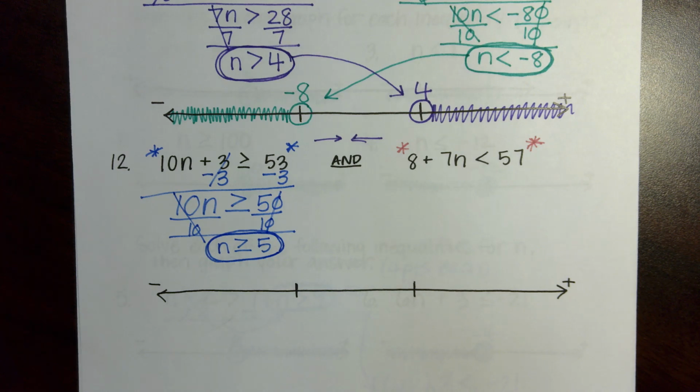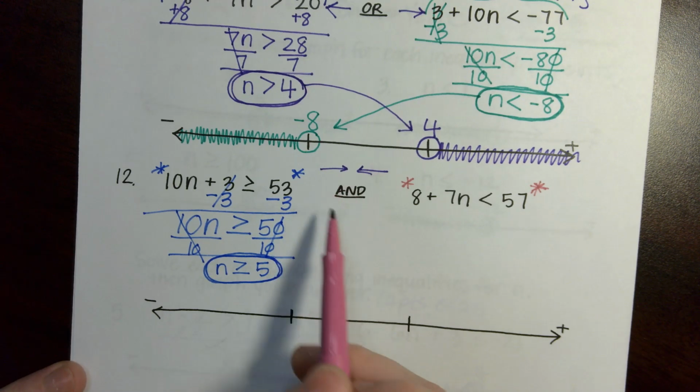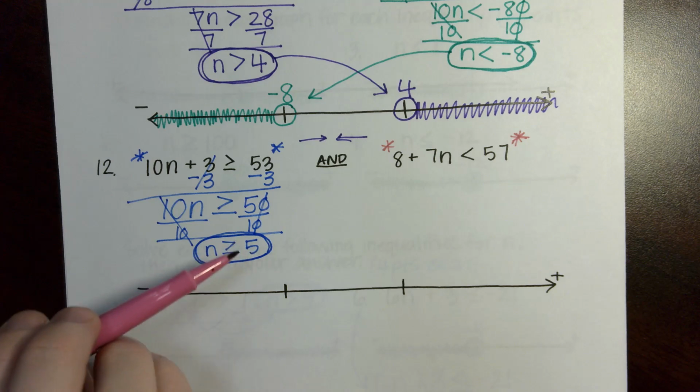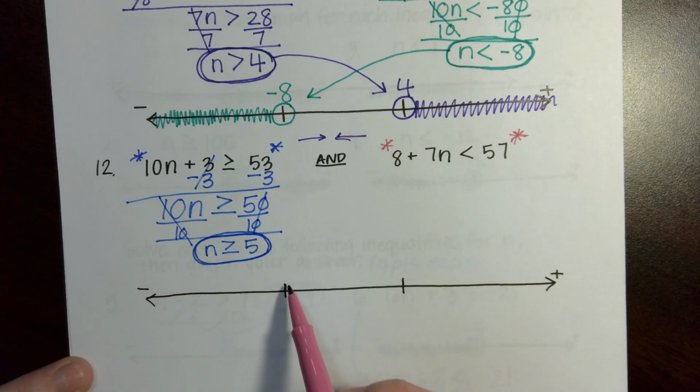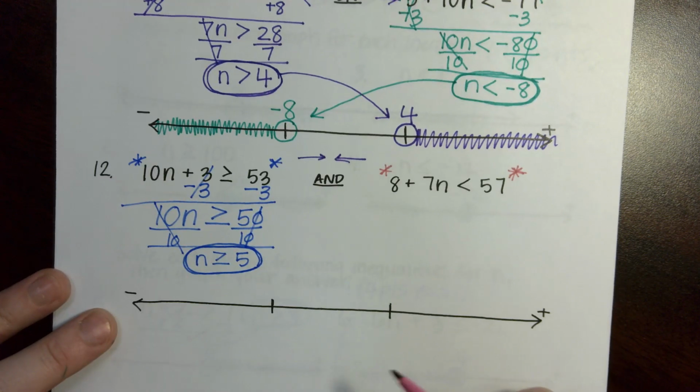No, don't do it yet. If you know the answer to the second part, I guess you could. Or you could look at this where it says and, I know that they're going to be facing towards each other. So since 5 is pointing to the right, I guess I could go ahead and put it there. But let's just be super cautious. Let's solve this one first.